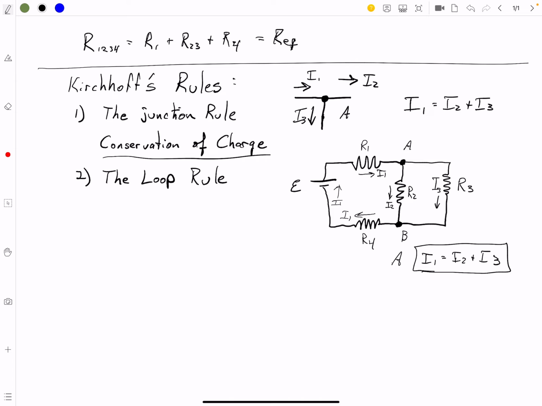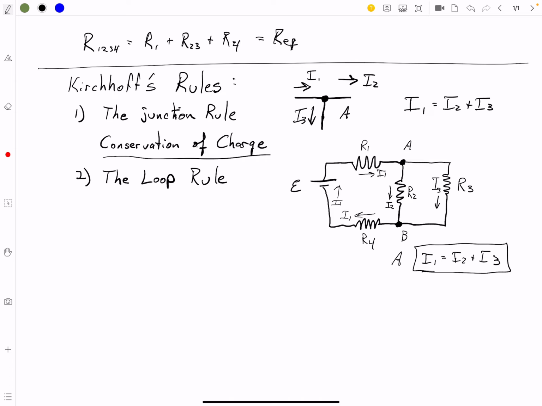If it has internal resistance, which we're not counting, but if it did, we'd have to include that. Maybe R4 is our internal resistance for the battery. Yeah, that's a good notion right there.